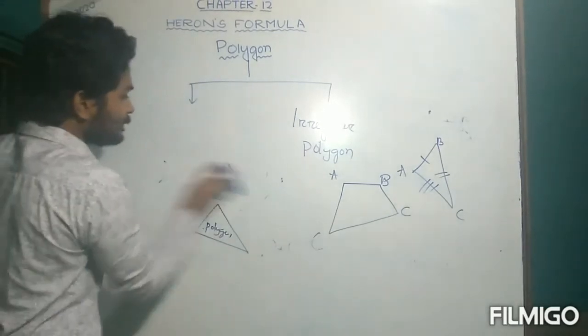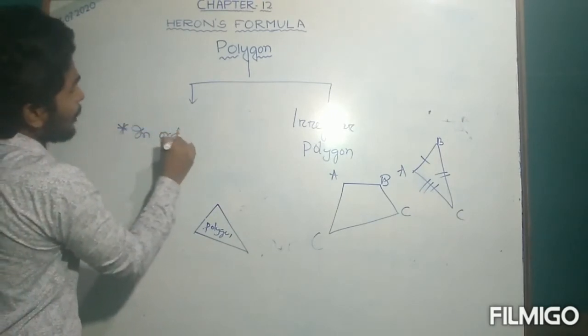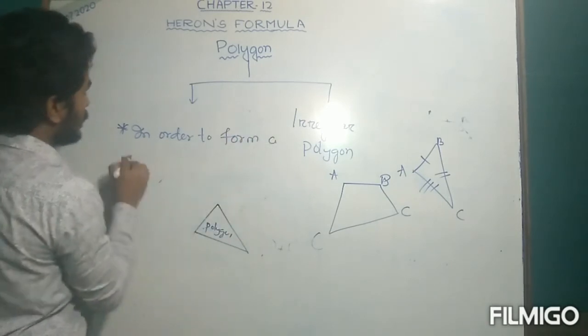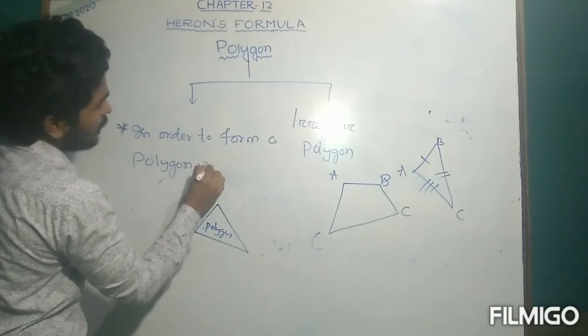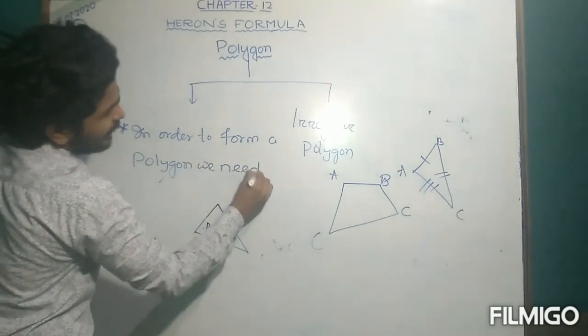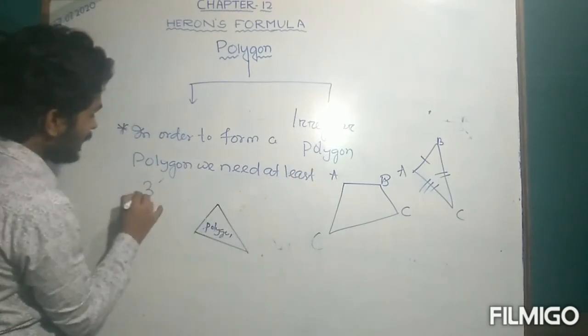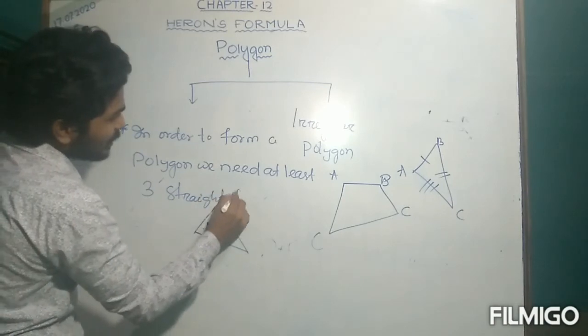Okay, so write it. In order to form a polygon, we need at least 3 straight lines. Okay, and that figure is known as what?